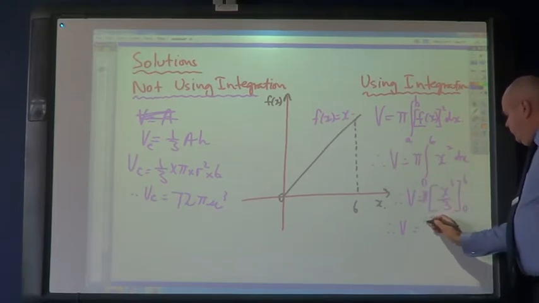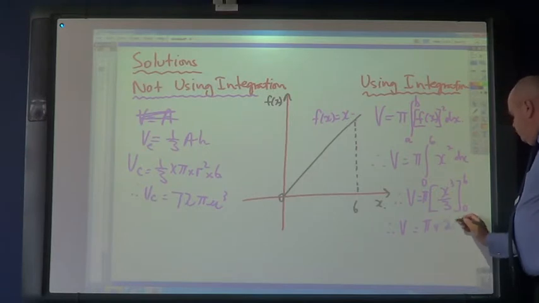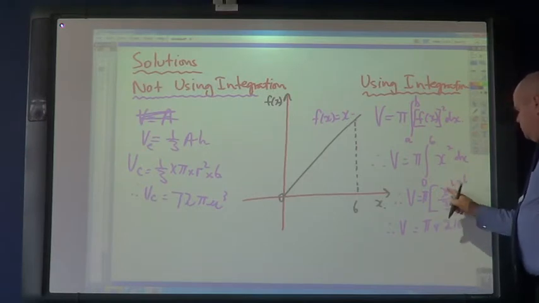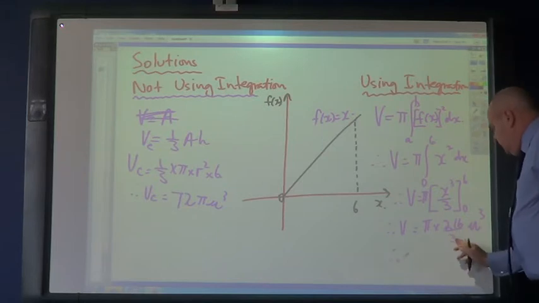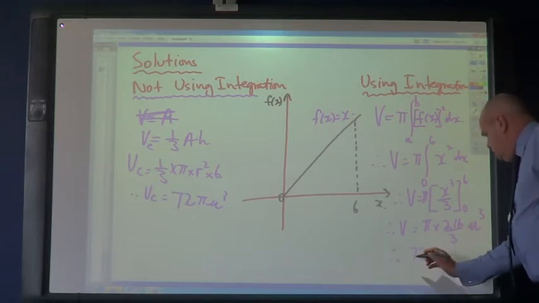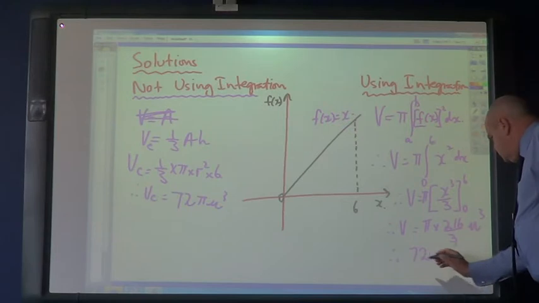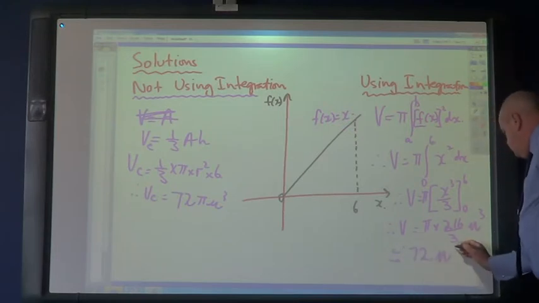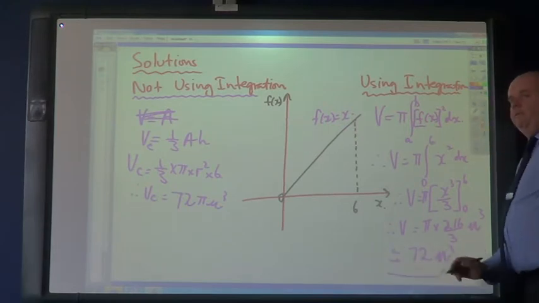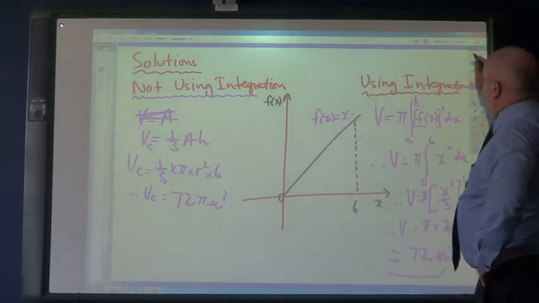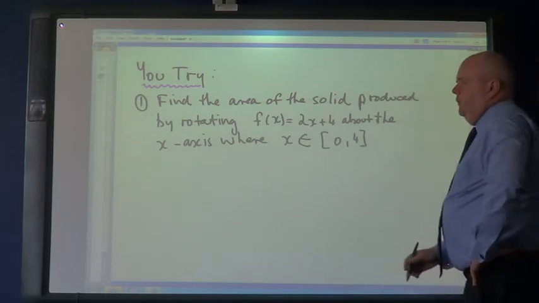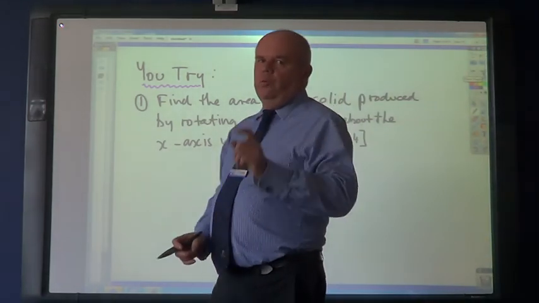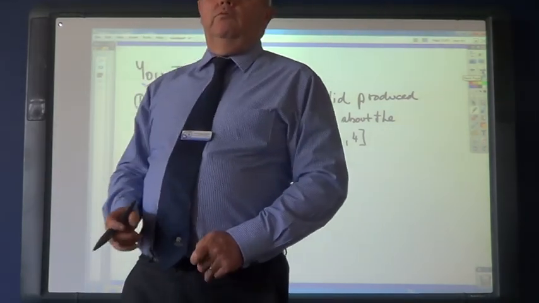It's pi times 216, which is what 6 cubed is, divided by 3, and that comes to 72 pi units cubed. So that's our very first example. What I'd like you to do is now have a go at this problem here, and we might press pause and do the solution in a minute.